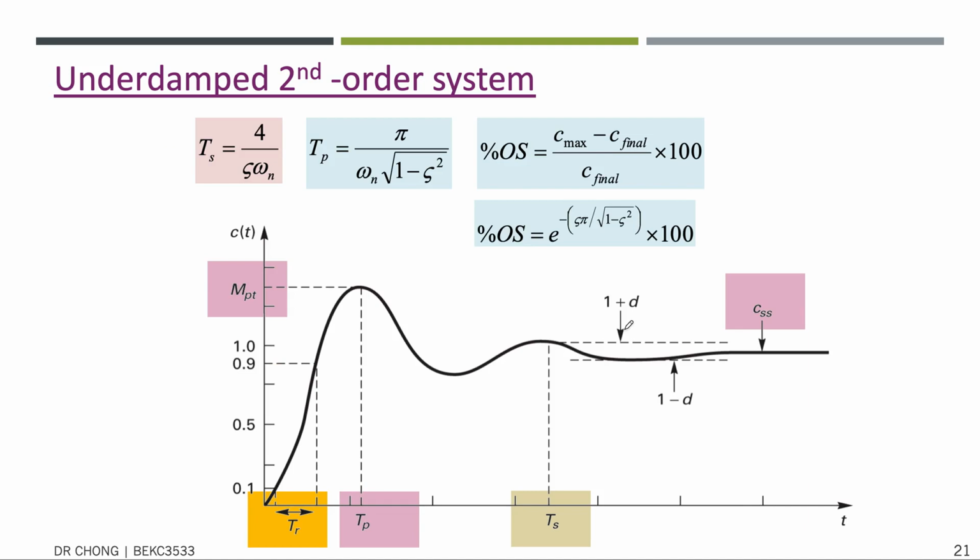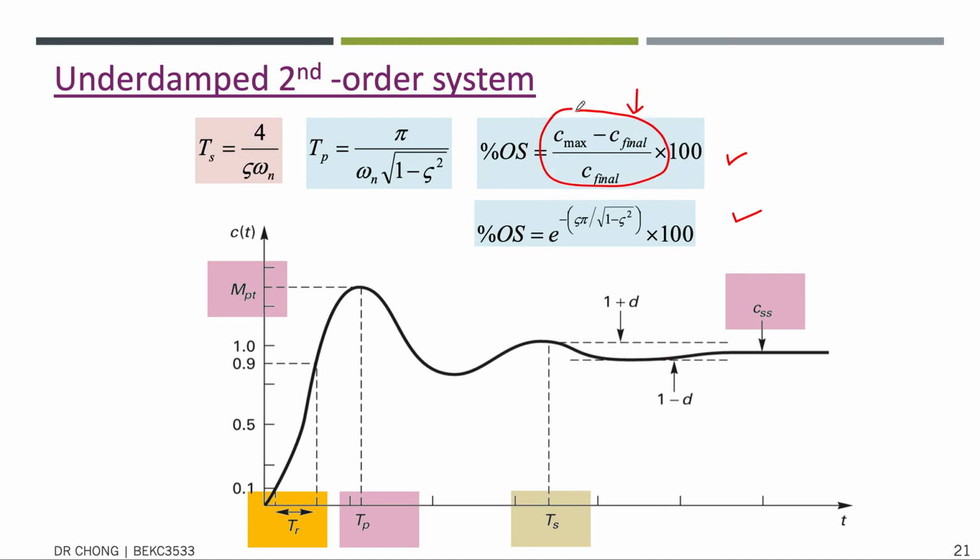These are all the formulas to help us evaluate the settling time, the peak time, overshoot, and so on. So you can see there are two ways to calculate the overshoot. Where you've been provided the step responses, you can use this one.